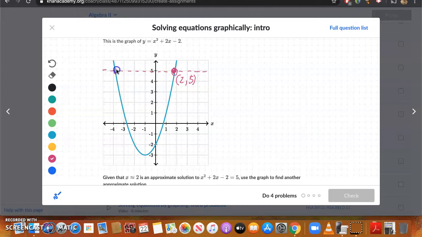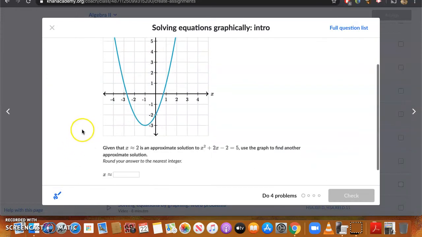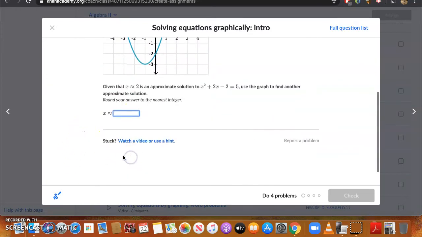And we see that this point is the other point, correct? So at approximately x equals negative 4, the function again is equal to 5. So our answer here is negative 4. Okay? And so let's go down and put in negative 4.